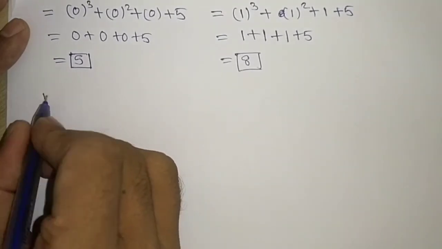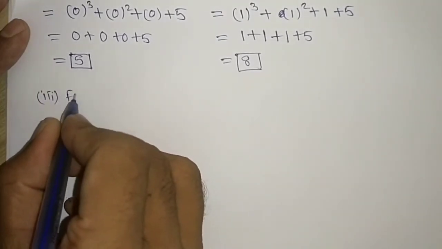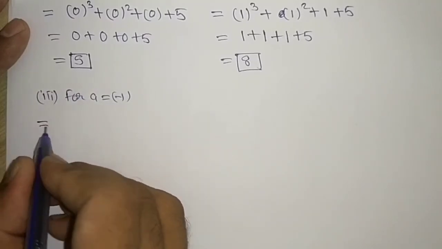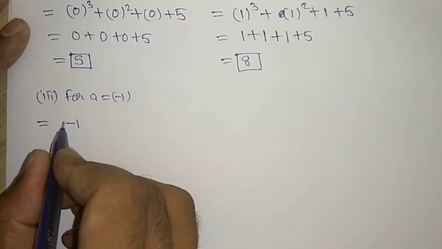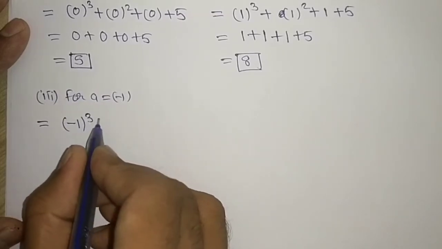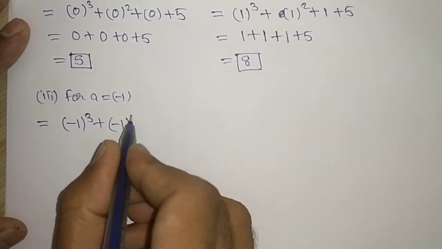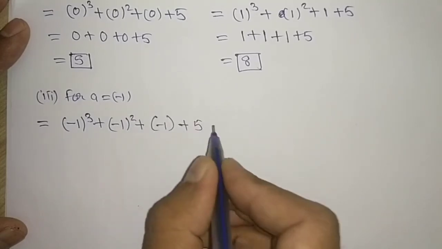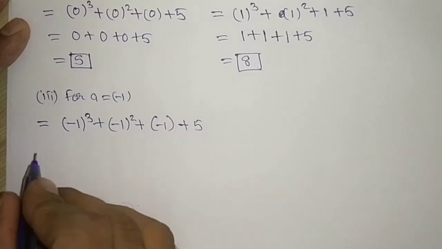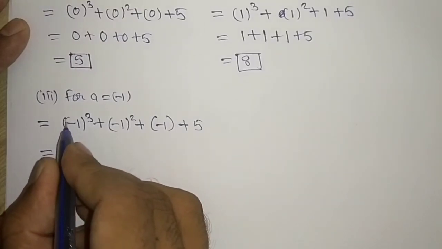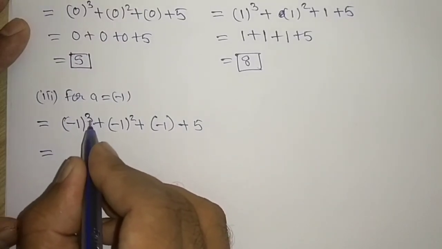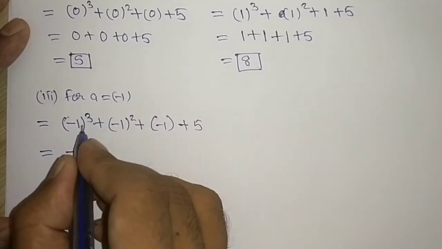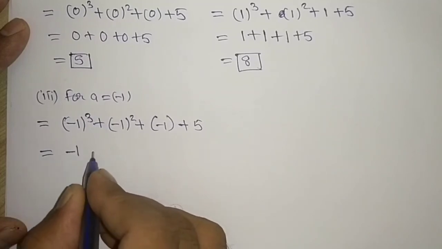Moving to third. For A is equal to minus 1. Let us put, wherever there is A, we will put minus 1 raised to power 3 plus minus 1 raised to power 2 plus minus 1 and lastly plus 5. If it is minus and the power is odd, it will remain minus only. So minus 1 cube will be minus 1.